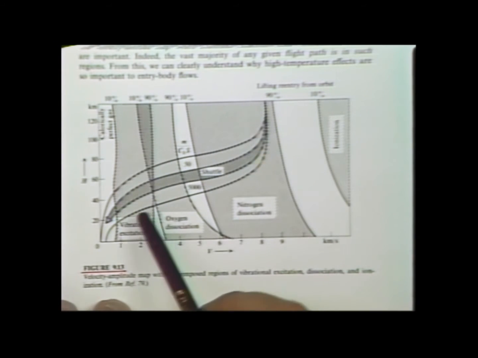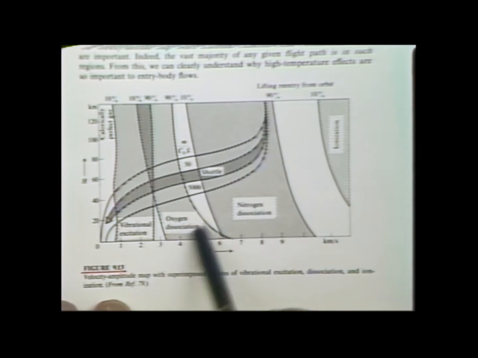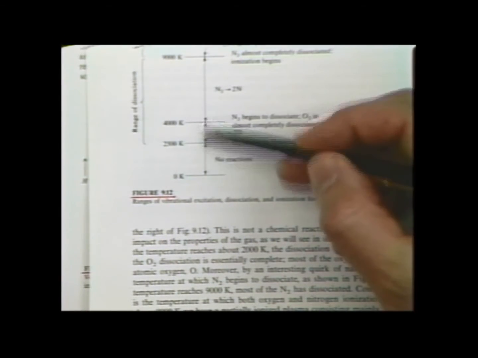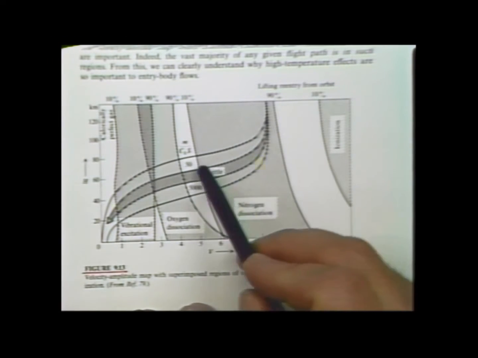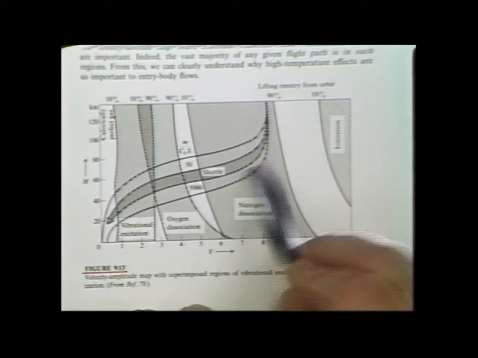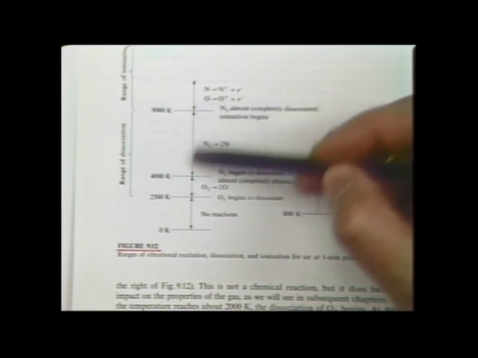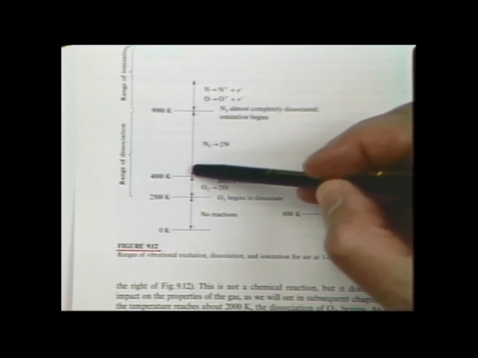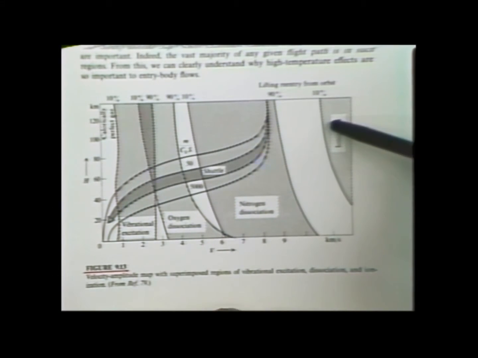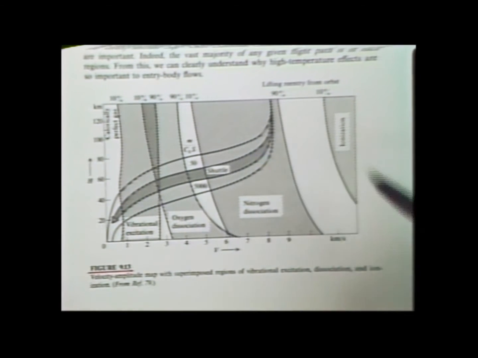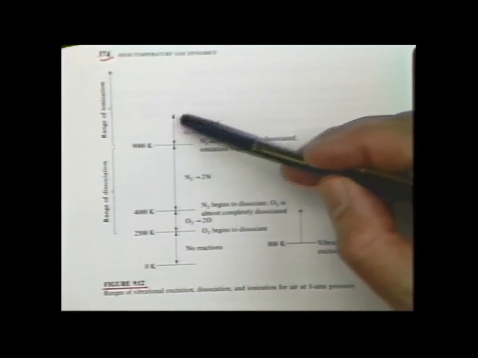Now, as we progressively increase the velocity, there's a band here where oxygen dissociation is important. That's because we have this convenient band where just oxygen dissociation is occurring. As we fly faster, the nitrogen dissociation will be taking place over this band, because we have this convenient range where nitrogen dissociation dominates this particular temperature band. And then finally out here, we begin to get ionization if we fly fast enough, because we're now up at these temperature levels where ionization occurs.